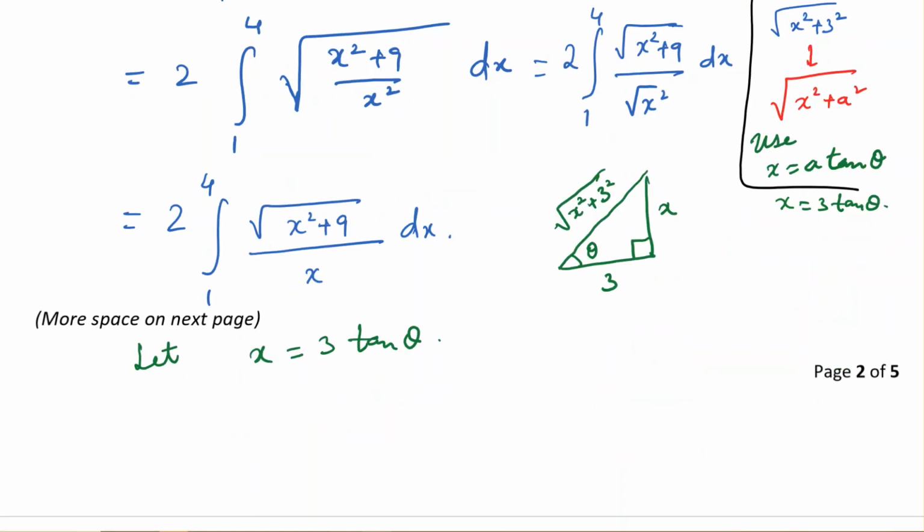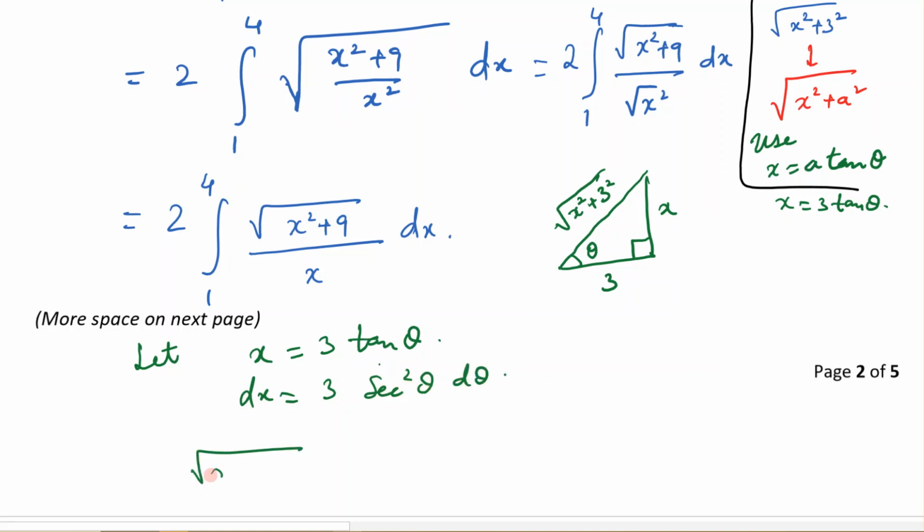Since we have to make this substitution in this integral, we need the value of dx, and we also need the value of square root of x squared plus 9. From the triangle, you can see that square root of x squared plus 9 would be 3 secant theta, and the differential dx would be 3 secant squared theta d theta.